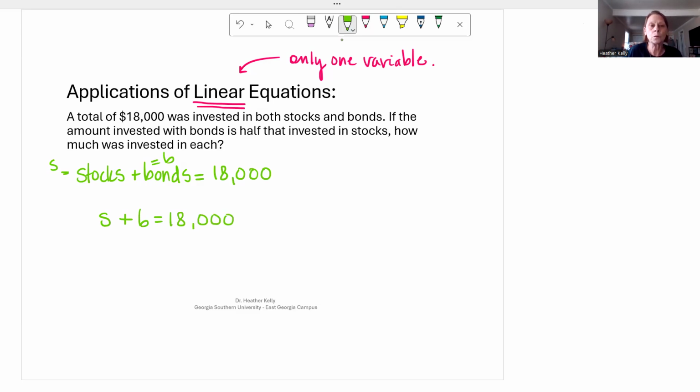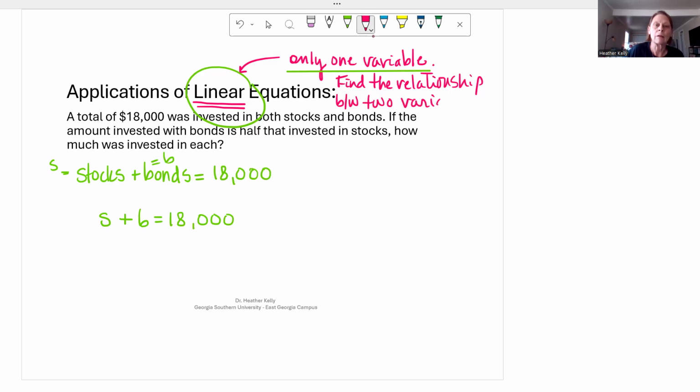Now I told you because it's linear, we can only use one variable. Therefore, you have to find the relationship between the two variables. And those are going to be math words, right?